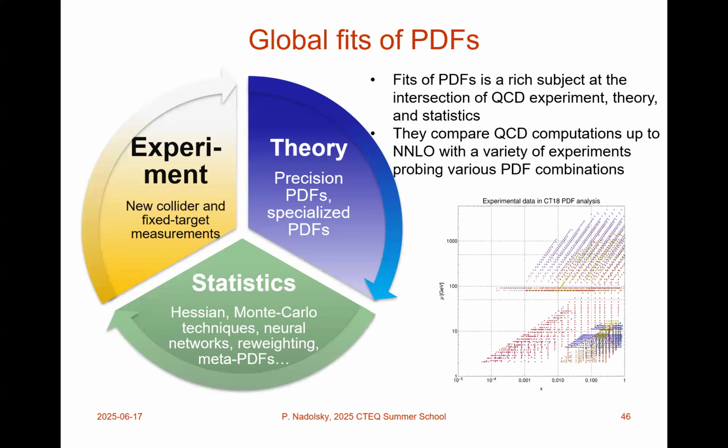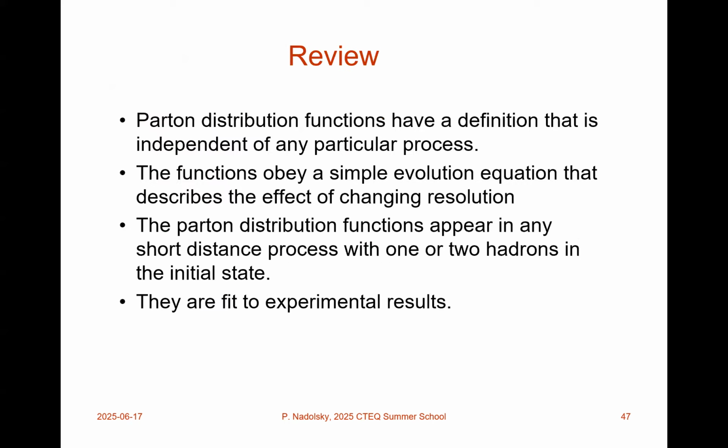That brings us to this big idea of the global fits of PDFs. Again, it will be covered in the next lecture, which is a very fascinating and very complex subject. Just to summarize, to calculate factorizable processes, we need to know parton distribution functions, which are not arbitrary, they have a definition. The common definition is the so-called MS-bar definition that I showed to you, right?